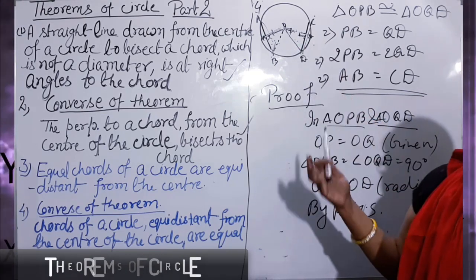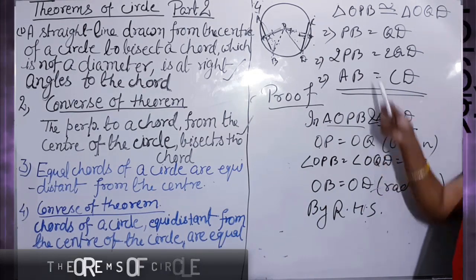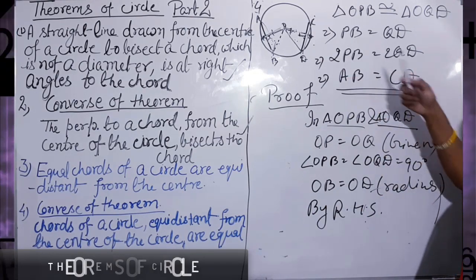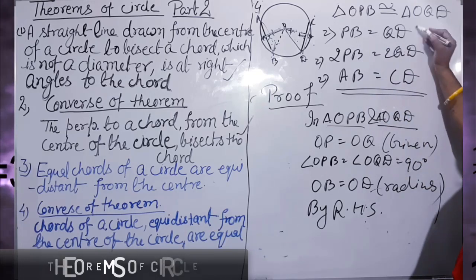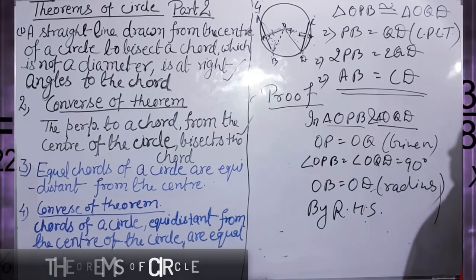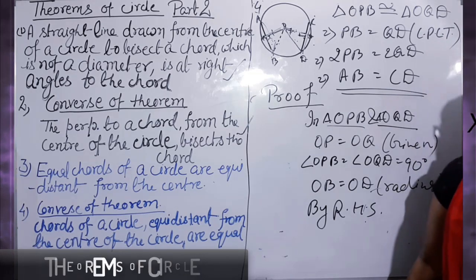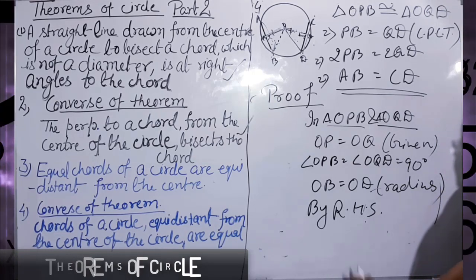So by RHS both triangles are congruent, and by CPCT, PB is equal to QD. You can write there CPCT. Now your theorem is complete. All theorems of circle, that means for first exercise.